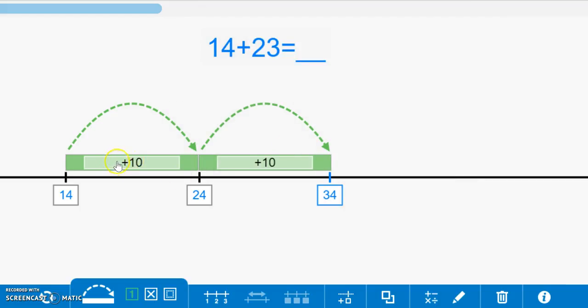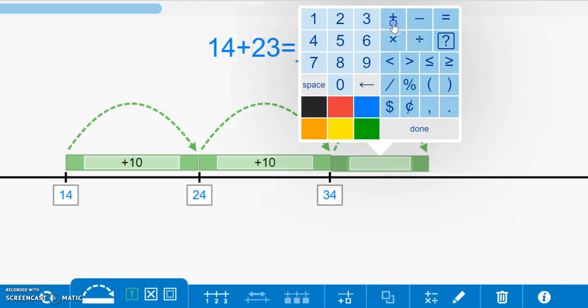So far I've made 2 hops of 10. That's a total of 20. I need to go 23 total hops, so I need to hop 3 more. So I'm going to do a hop of 3.